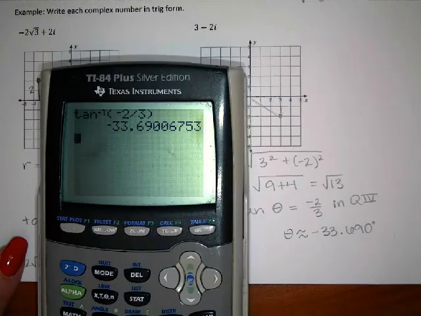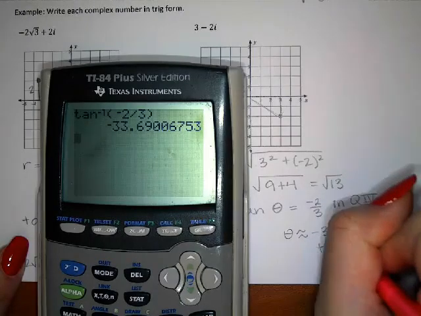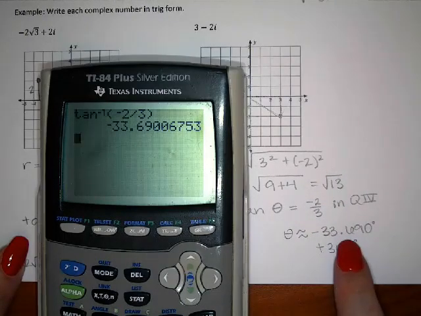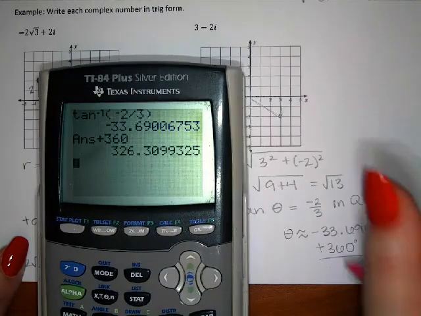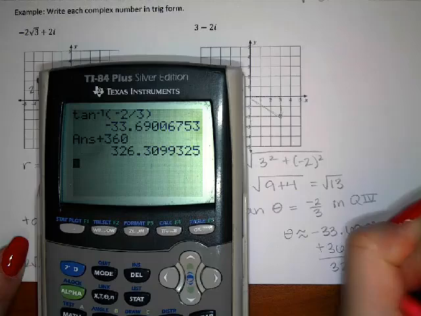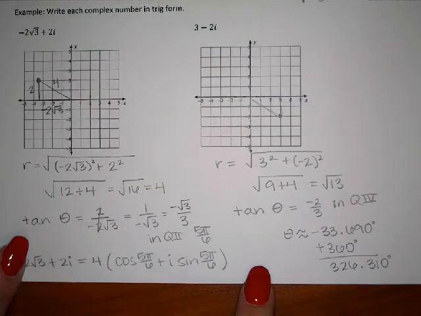So if I want to find the angle that is coterminal with this, I'm going to just add 360 degrees. If this had been in the wrong quadrant, if I needed to find another answer for tangent because this was in the wrong quadrant, I would add 180 degrees. But this was in the correct quadrant, it just wasn't positive. So I'm going to make it positive by adding 360 degrees, and I get 326.310. And now I can go ahead and write this complex number in that trigonometric form.